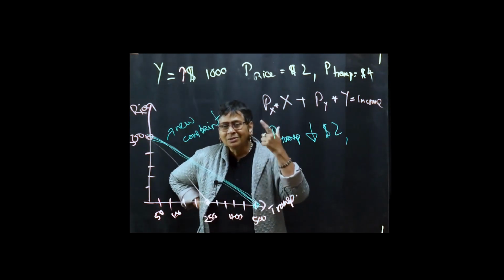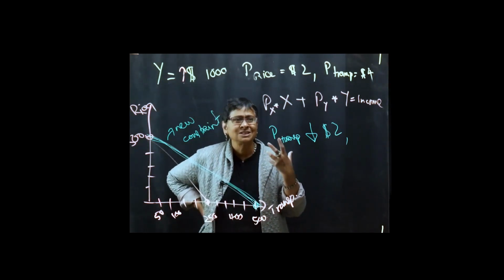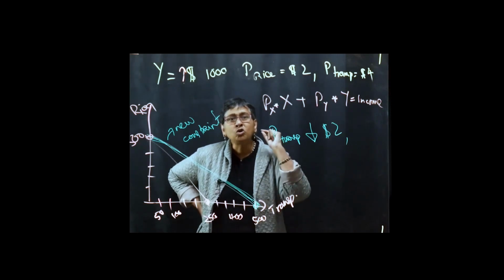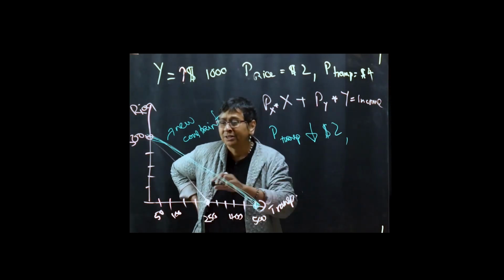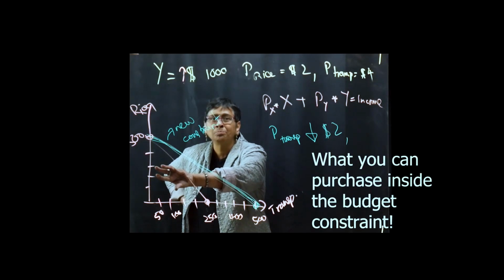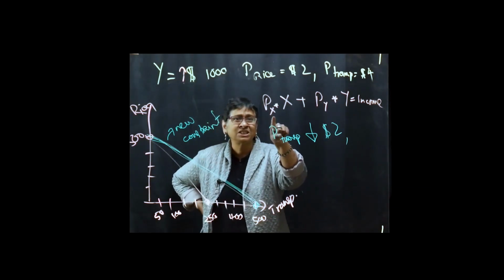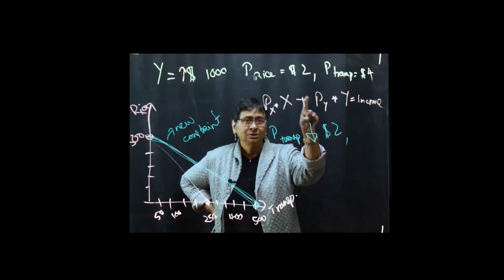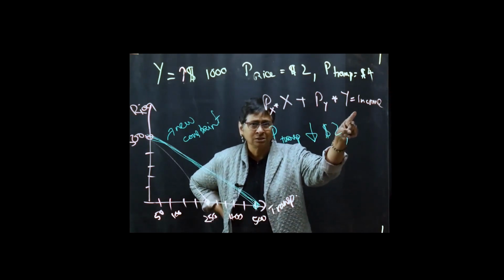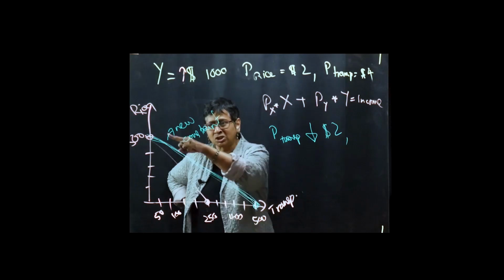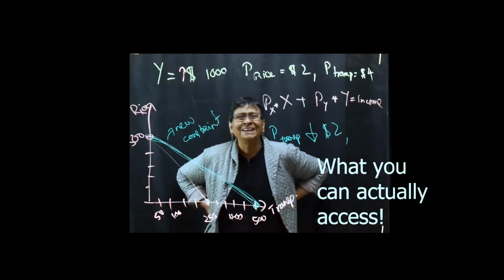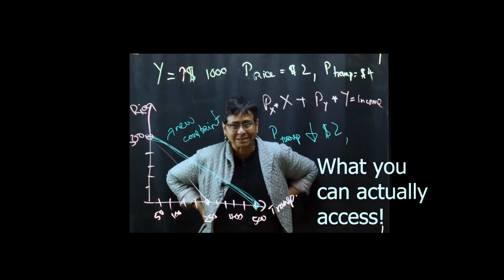So you intuit this idea that what really matters is what you can purchase inside the budget constraint. Don't just fixate on prices. Don't just fixate on income. Pay attention to what you can actually access.